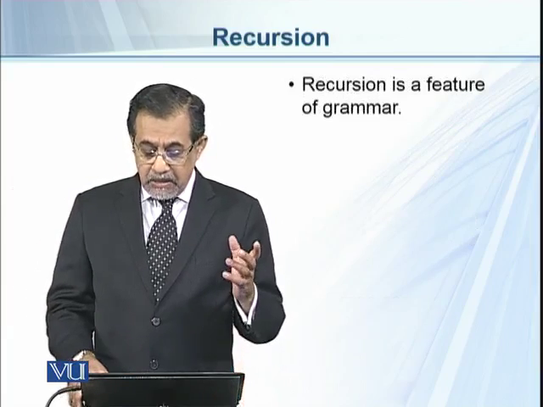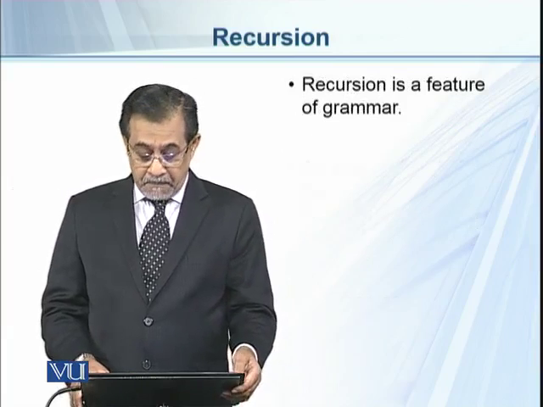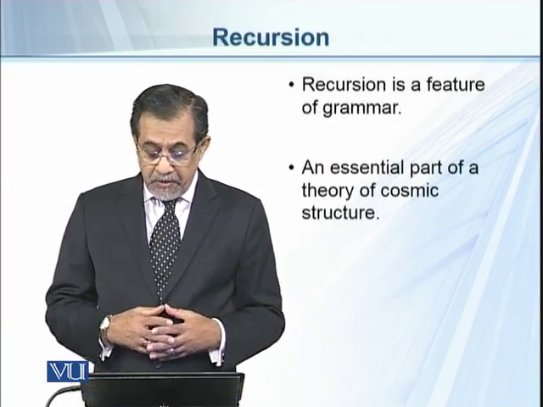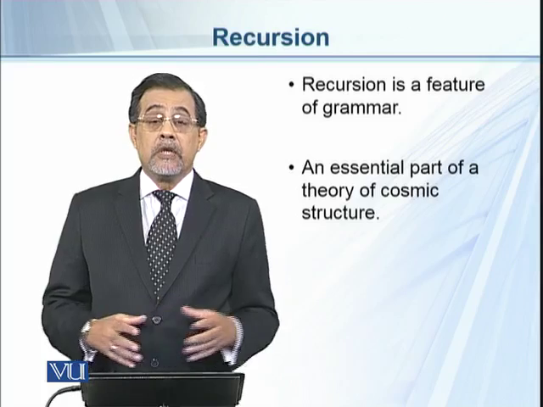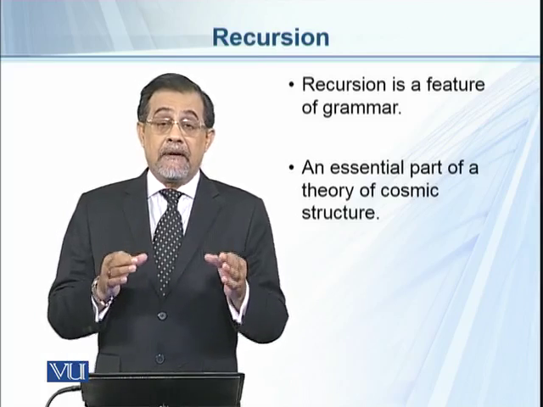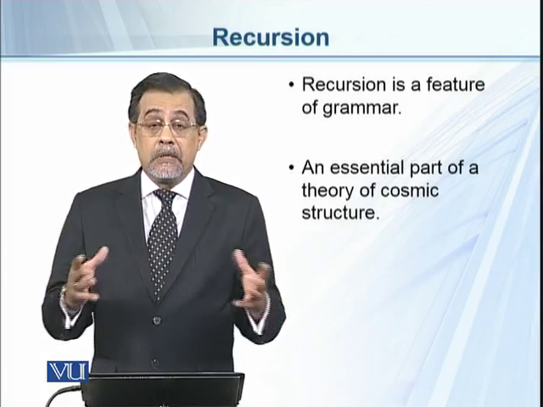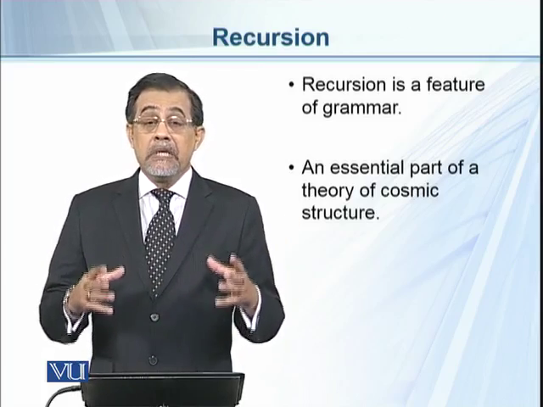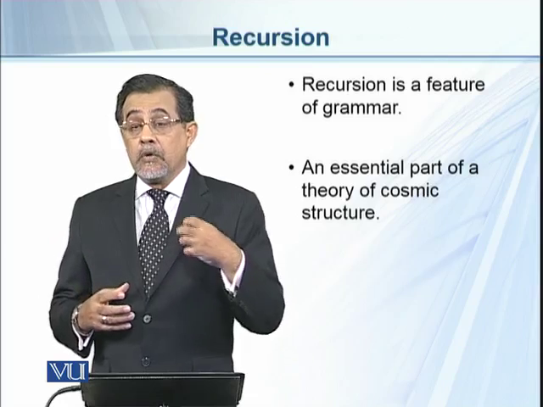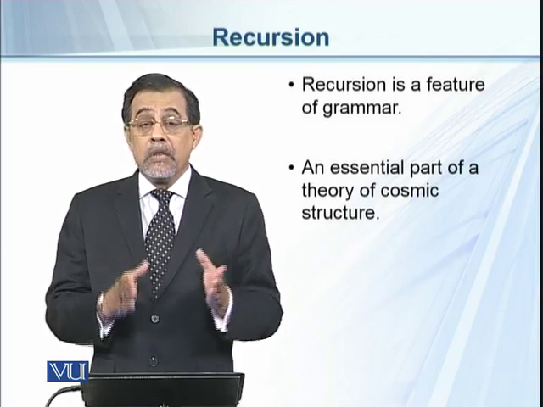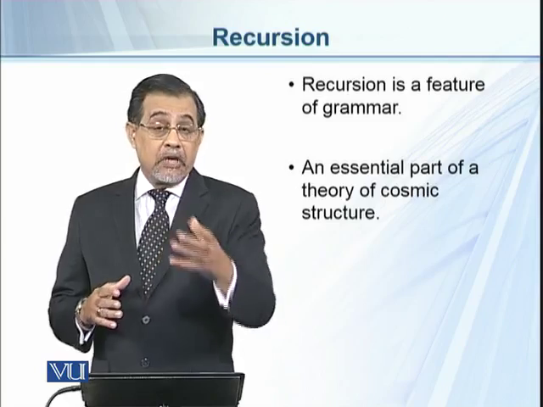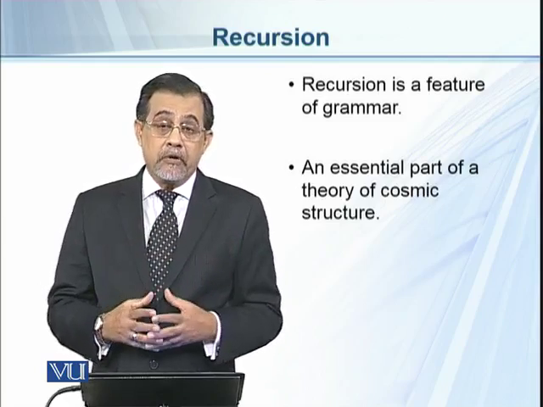So recursion is a feature of grammar, an essential part of a theory of syntactic structure. So this is an important and essential part of the theory of universal grammar, in which we look at rules which govern all languages and which are found in all languages of the world.